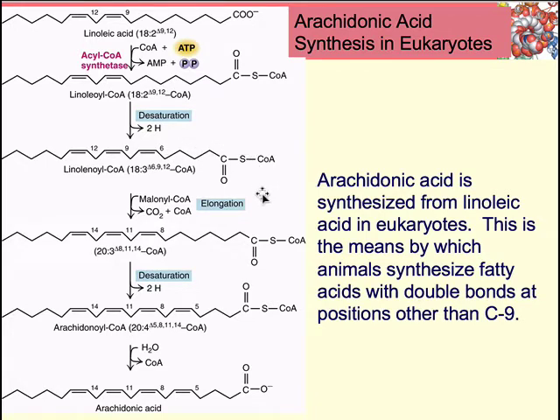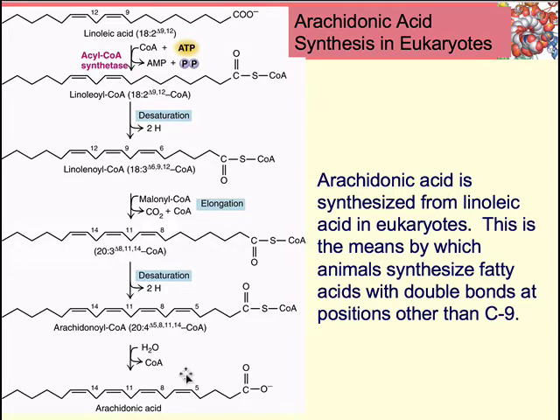Elongation occurs next, with a malonyl CoA donating essentially a 2-carbon unit with decarboxylation to produce this structure that's 2 carbons longer than the previous one, and that moves the double bonds to the 8, 11, and 14 positions. Then a second desaturation occurs to introduce a new double bond at the 5, 6 position.